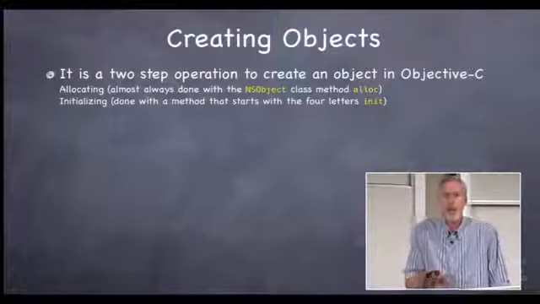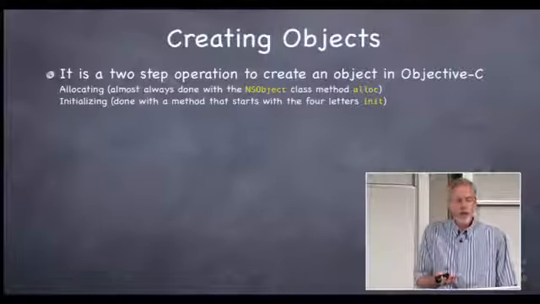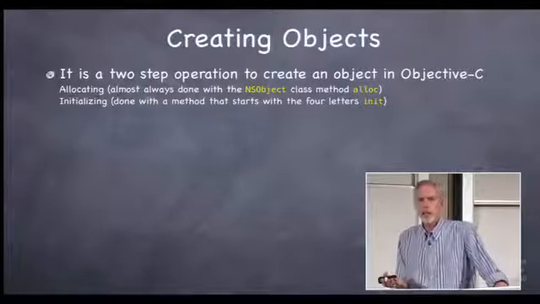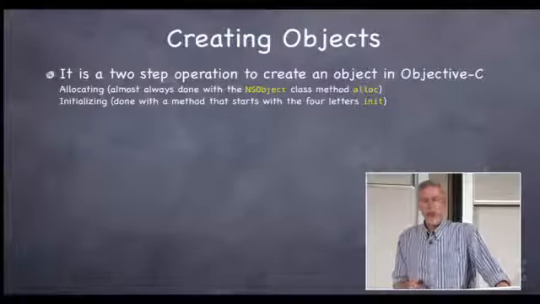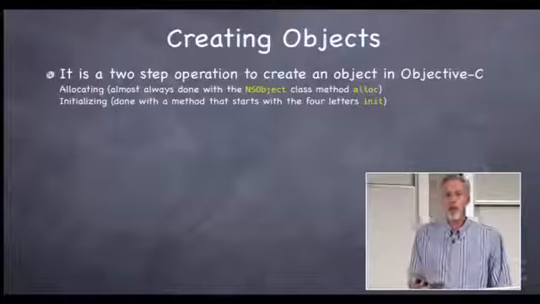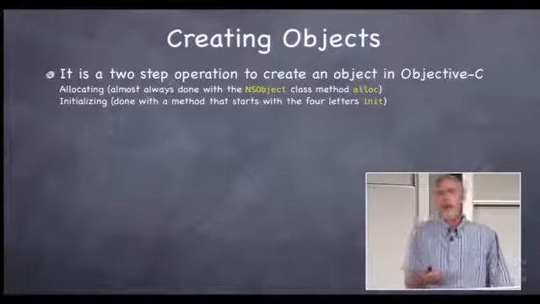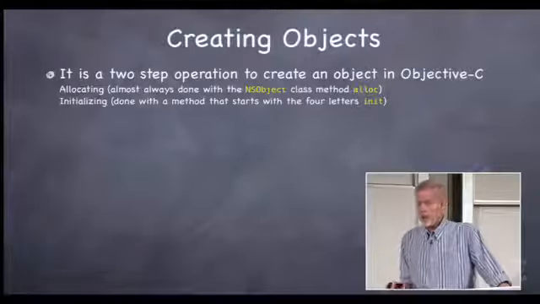These are objects we're creating ourselves in our code. So we always send alloc, which is a method that we inherit from NSObject, and then we always send it some initializer. It might not be init, I-N-I-T, that's NSObject's initializer. We might have a more complicated initializer, but we always send it some initializer, and we always do it nested.